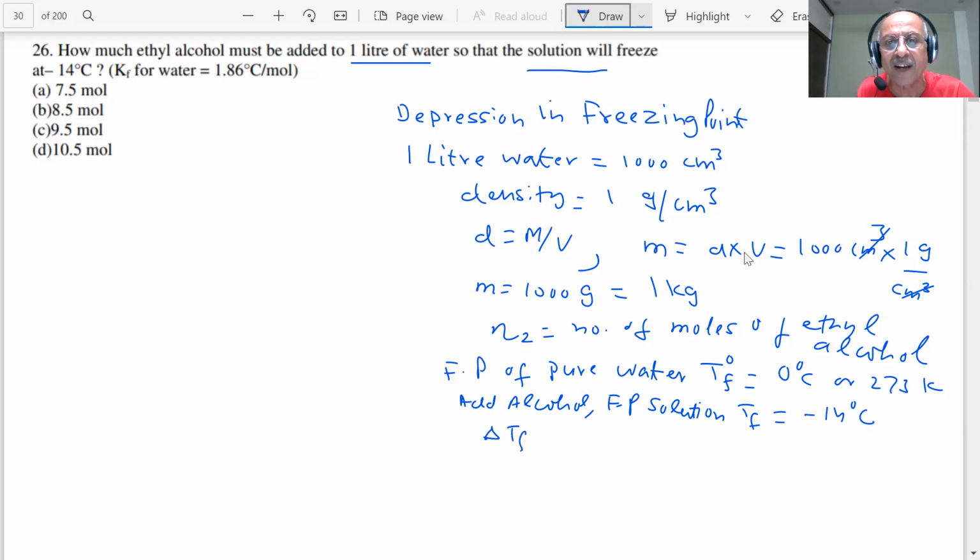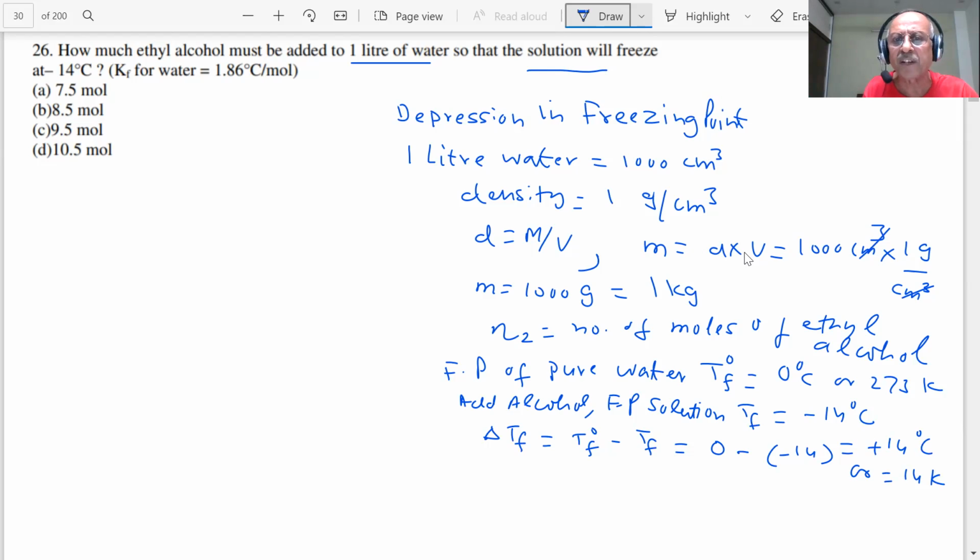So what will be the delta TF? The depression in freezing point is T0F minus TF, which is 0 minus minus 14, so that comes to be plus 14, either degree Celsius or 14 Kelvin. Makes no difference.